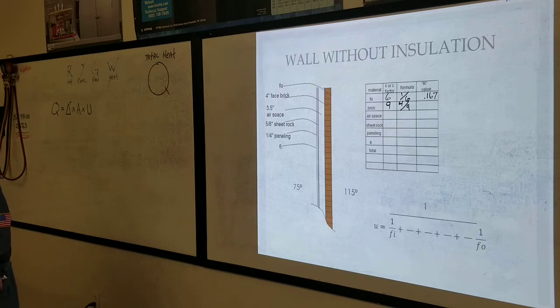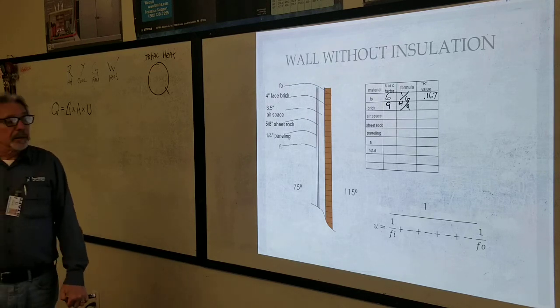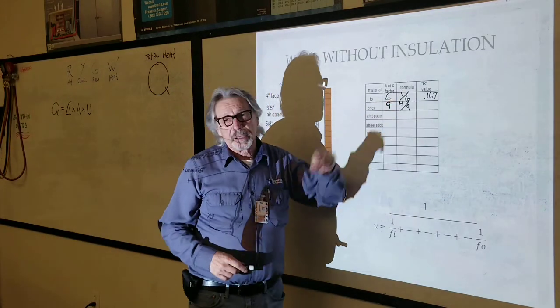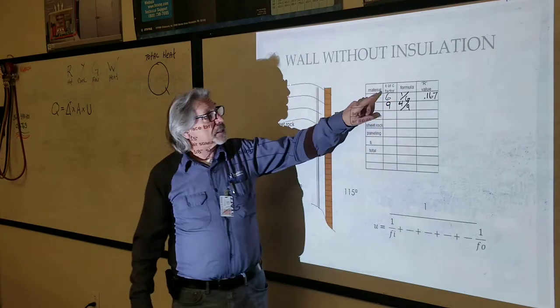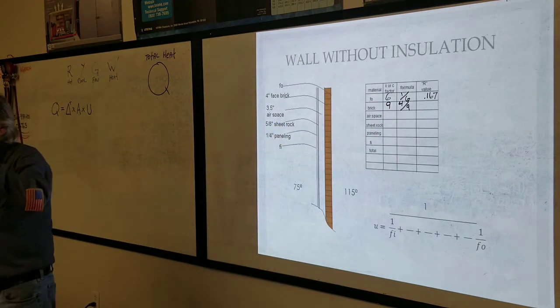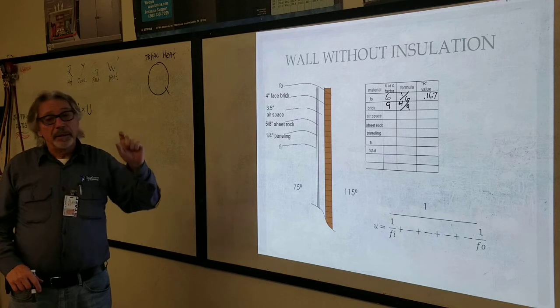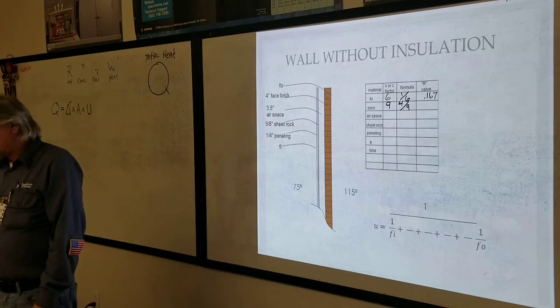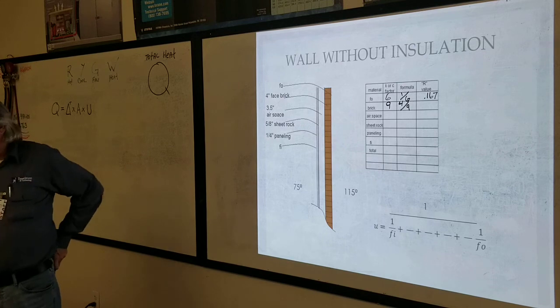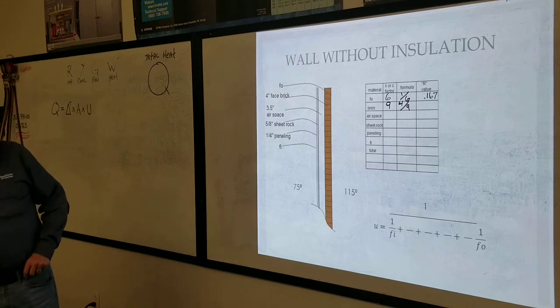It's either gonna be conductance or conductivity, so that's why it says up here, K or C factor. The K factor is where you're gonna have to put in the thickness in inches. 0.44. Okay, and we'll have to do that a couple of times on this.